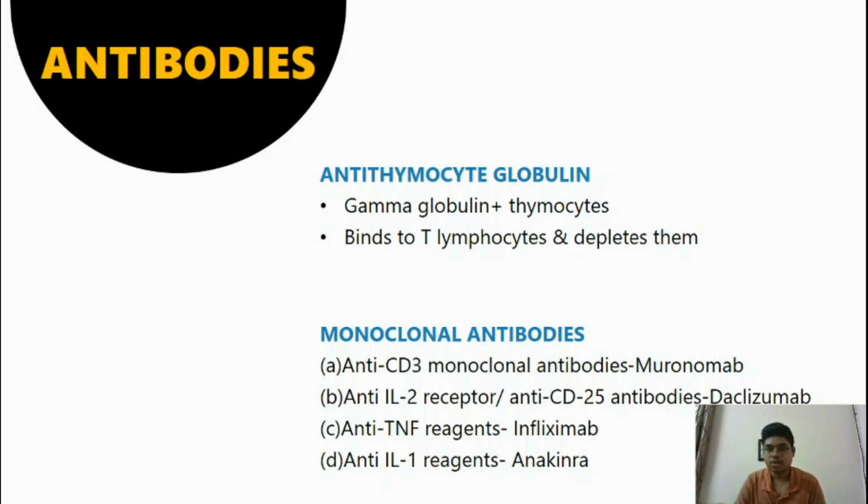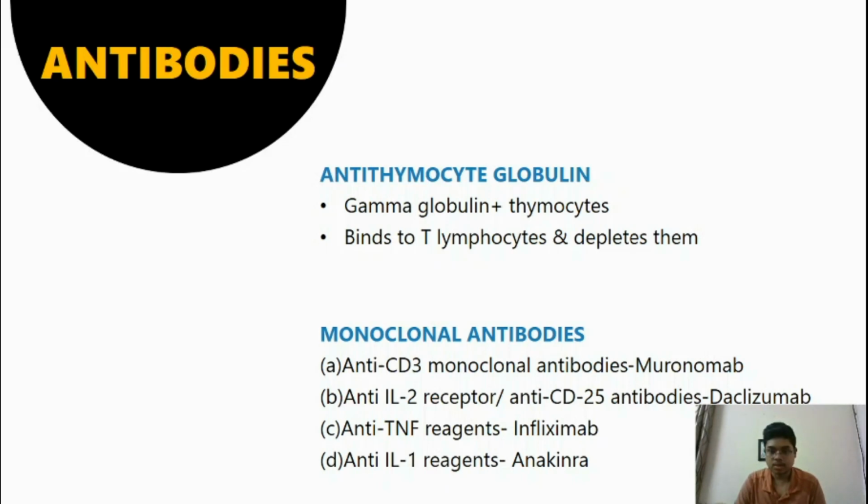Talking about monoclonal antibodies, they are made up of identical immune cells, which are all clones. These are the examples of monoclonal antibodies.